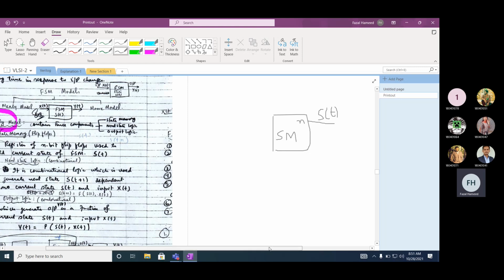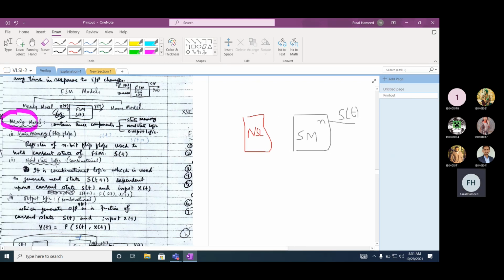Now, next state logic. You have another block, we call it NSL, next state logic. It is combinational, and it is used to generate the next state, ST plus 1, dependent upon the current state.